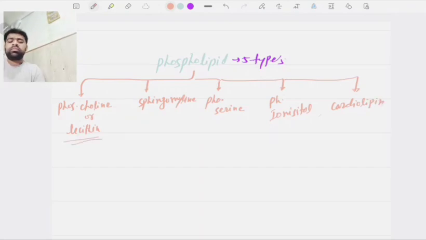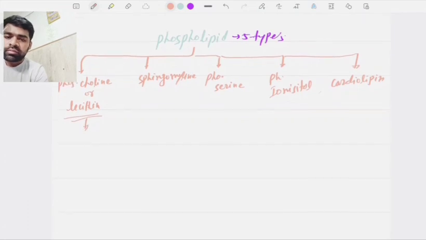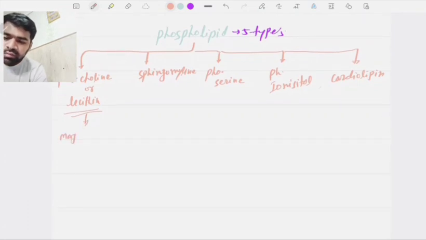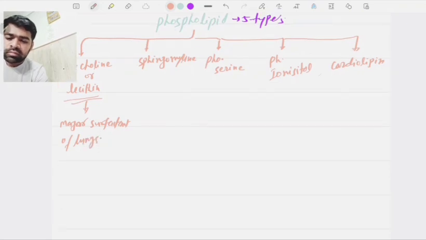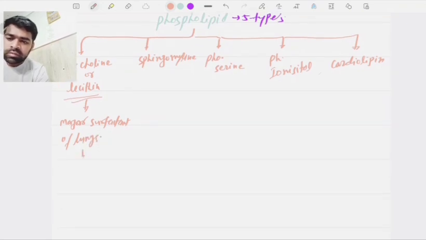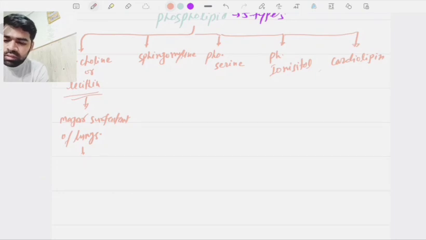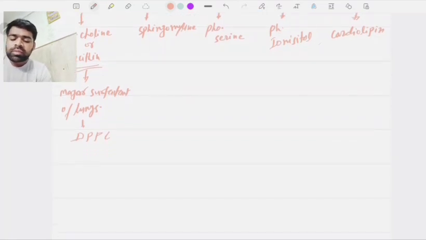Phosphatidyl choline or lecithin is the major surfactant of lungs. The major component of lecithin is DPPC, dipalmitoyl phosphatidyl choline.